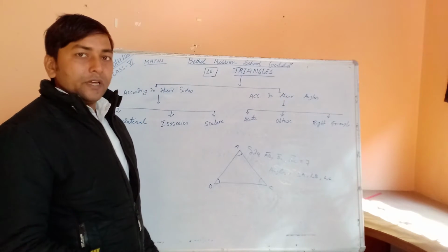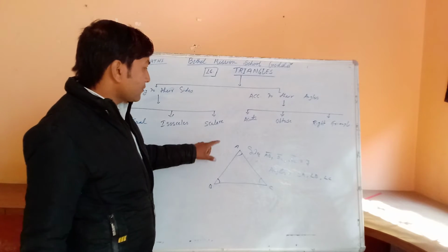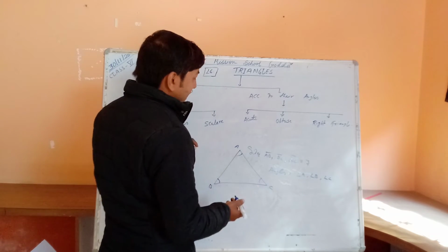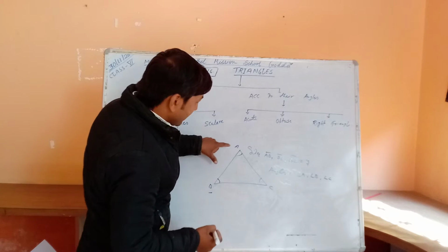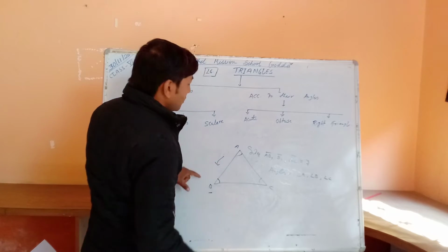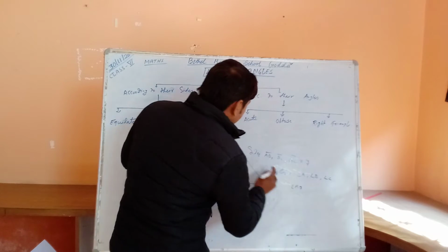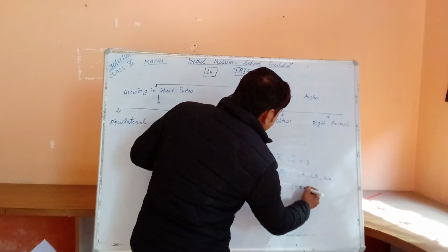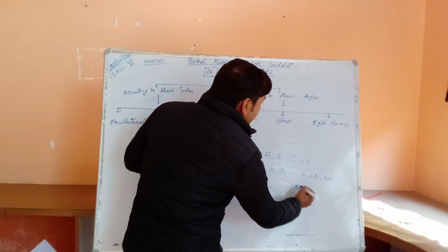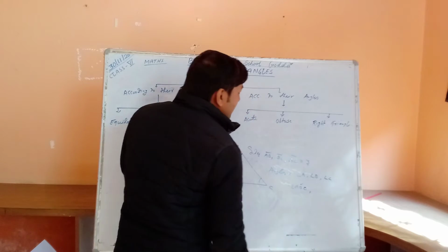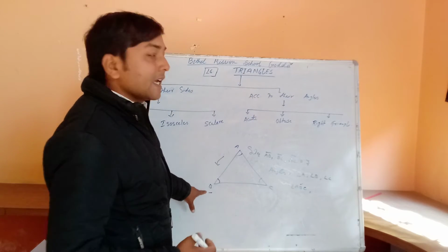Another way we know is that if we start writing angle B, then we always start from one step back. So angle A, B, C. B, which is in the middle, always indicates the angle.